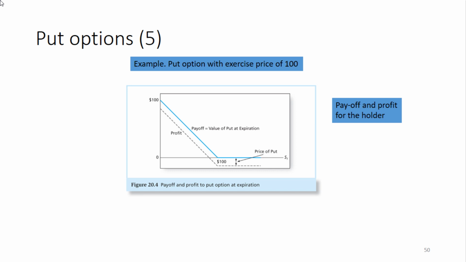So there is in fact a profit or the payoff associated with holding of the put option. Same as call options, but in a different case, we see that if the stock price is higher than the exercise price, then it's not attractive for the put option holder to exercise the option. So the blue line is then equal to 0.